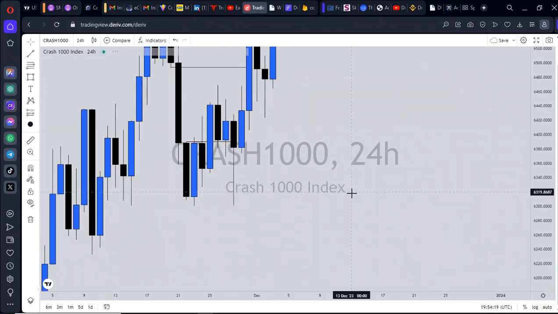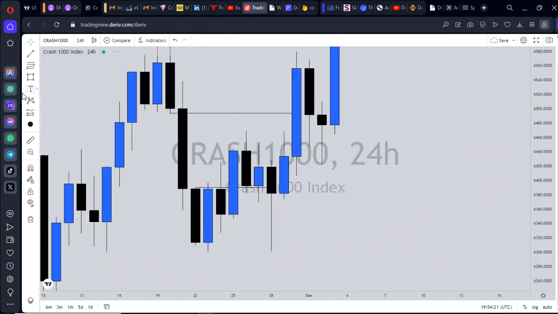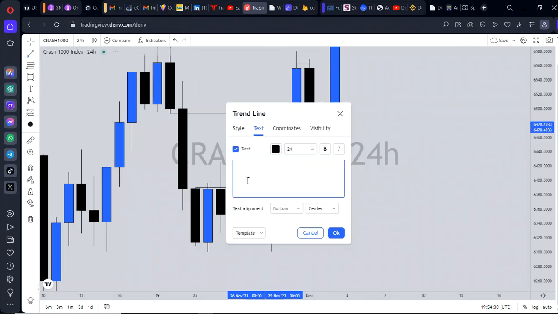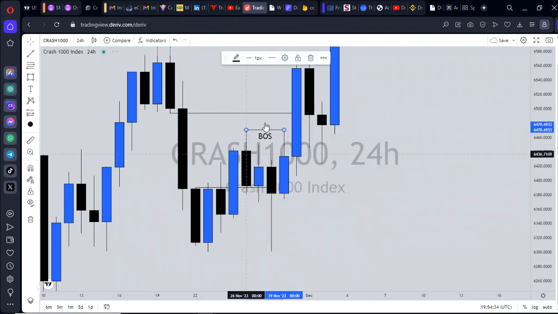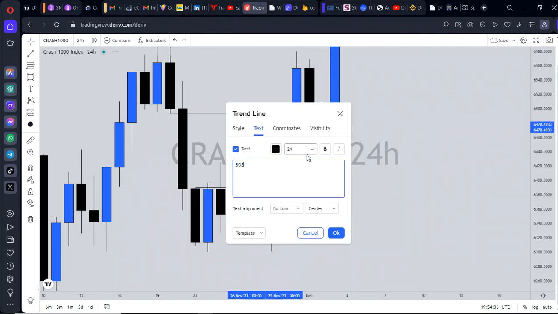So after we have a failure swing low, the algorithm traded higher impulsively to break structure right here. So it now breaks an area of inefficiency.